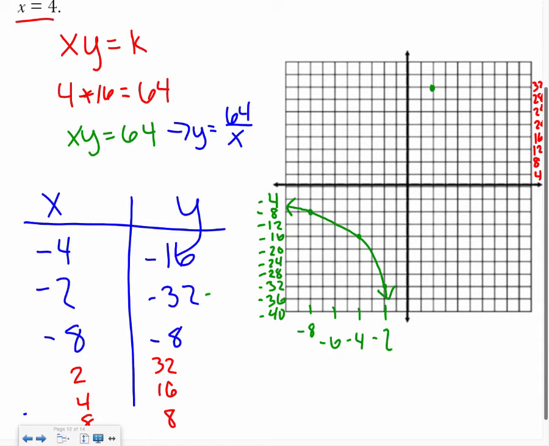And then 4 is up at 16, and 8 is at 8. So you can see again that our graph goes like this. Something you'll notice about inverse variation is that they look a little funny. They're going to curve away from each other and be in different quadrants is what you're going to deal with.